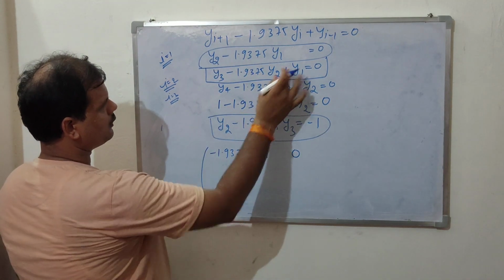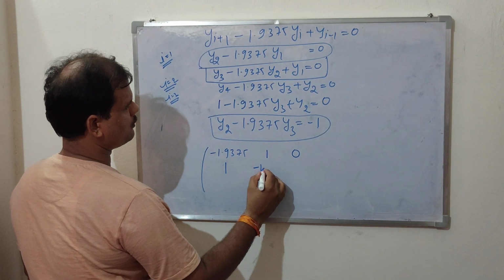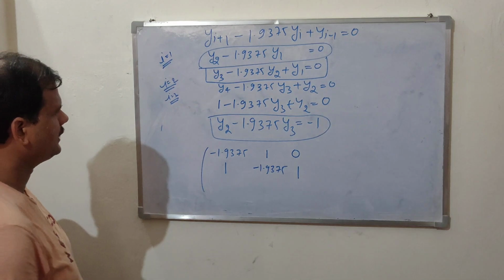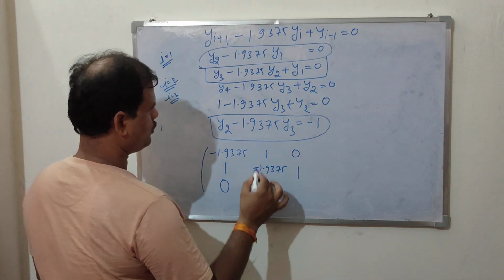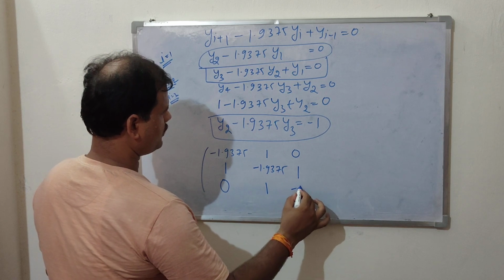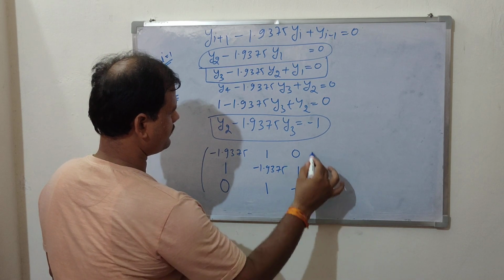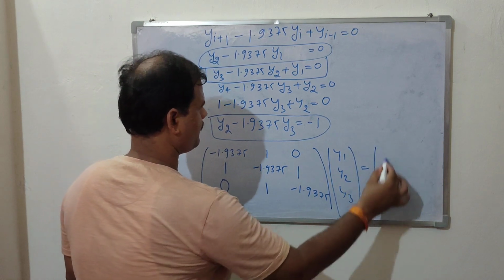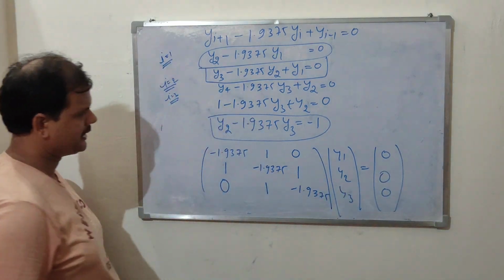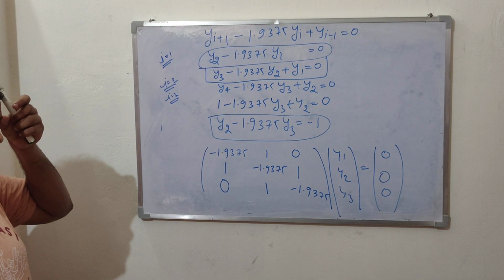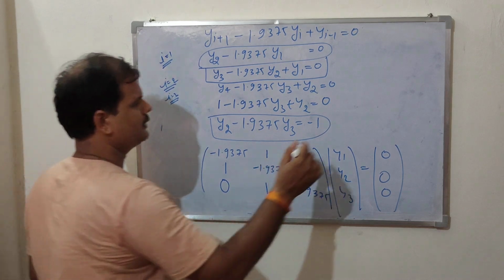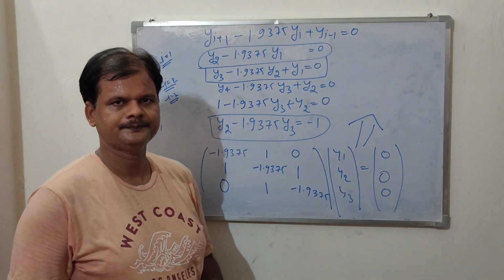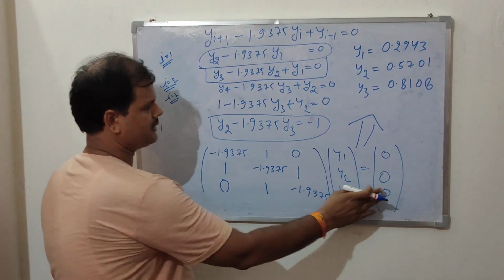In the second equation, the y1 coefficient is 1, the y2 coefficient is minus 1.9375, and the y3 coefficient is 1. In the third one, the y1 coefficient is 0, the y2 coefficient is 1, and the y3 coefficient is minus 1.9375. We are getting a tridiagonal system of linear equations, which we can solve by any method. The right hand side has minus 1 for the third equation.